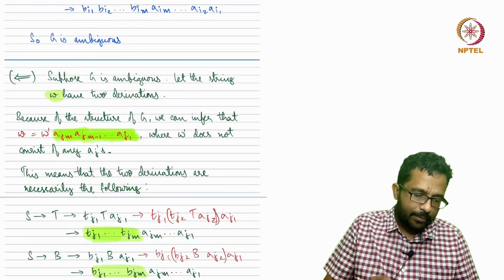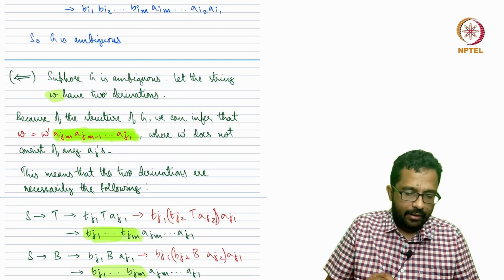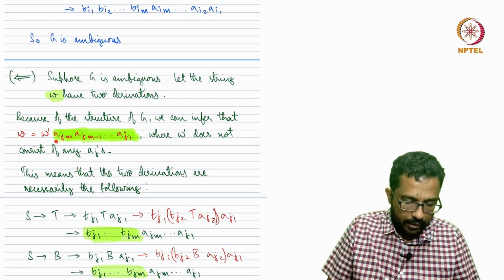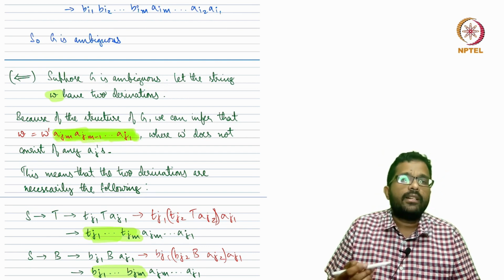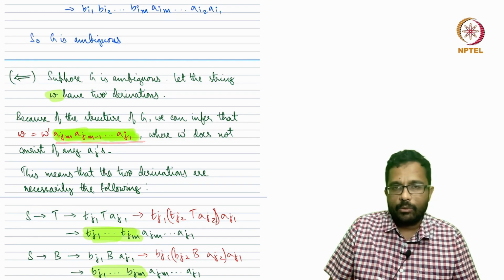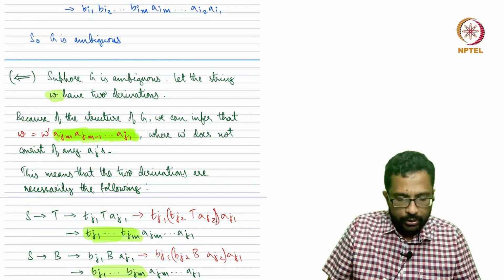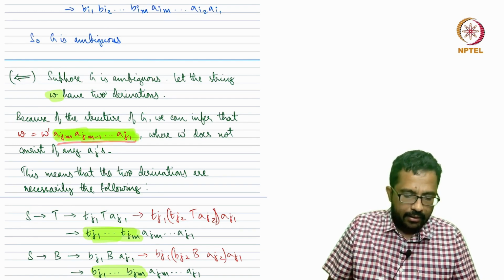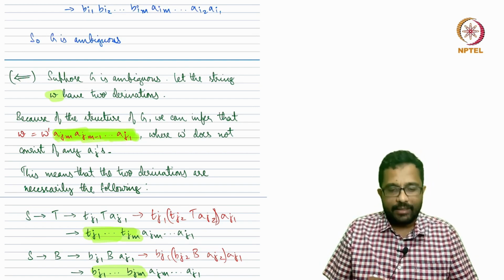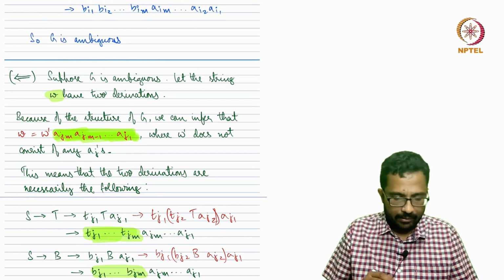Now, if G was ambiguous, for the other direction, we may assume, by the structure of the grammar, that the common suffix of the string so derived could be something like AJM, AJM minus 1, up to AJ1. Once you assume that this is the suffix, the rest of the derivation is kind of constrained by the structure of the grammar, right?